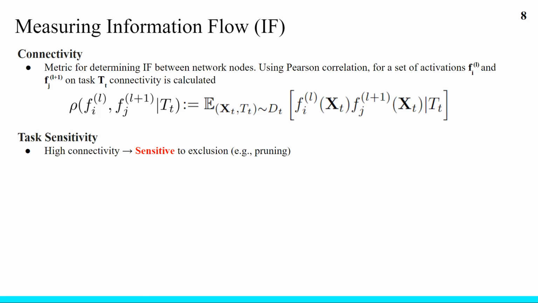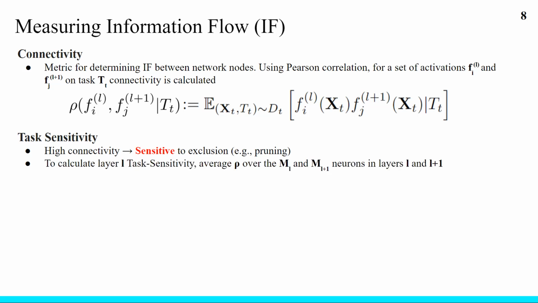Then it would be more sensitive to adjustments to that weight, including pruning, where you're adjusting it to a value of 0. So by identifying which weights are highly connected, you can identify which ones are more or less sensitive to pruning or to modification. And in this case, I'm looking at that over entire layers and seeing which layers are sensitive to the current task.